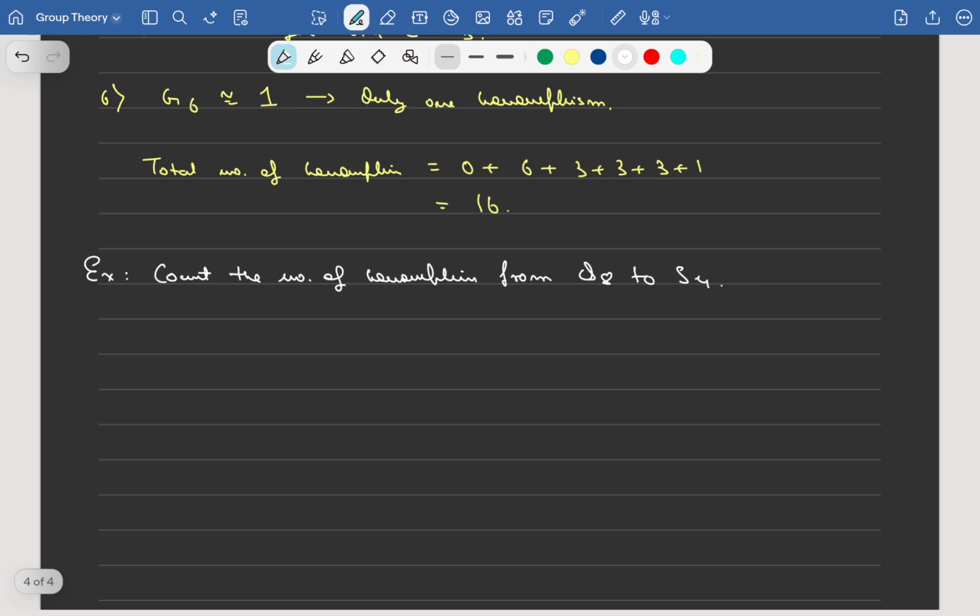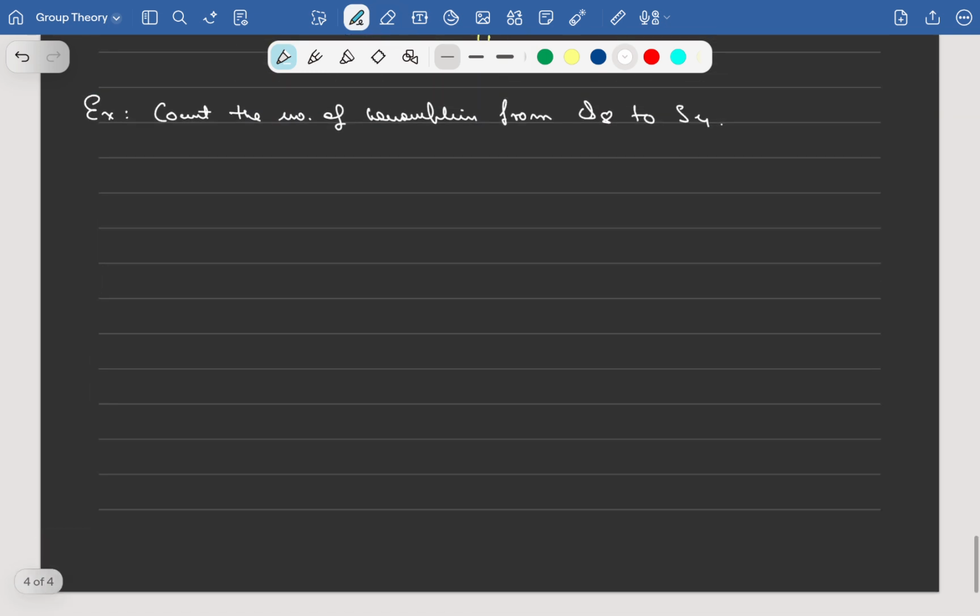Yeah, let us do one more typical exercise. This will also be quite helpful. Let me think of it once. Yeah, so another example, let's say, count the number of homomorphisms from, let's say, what should I try at this point?